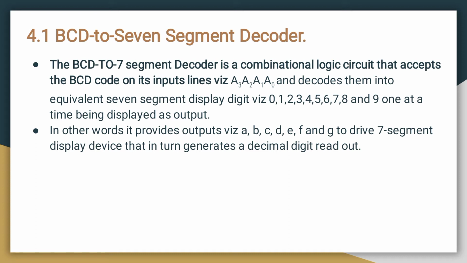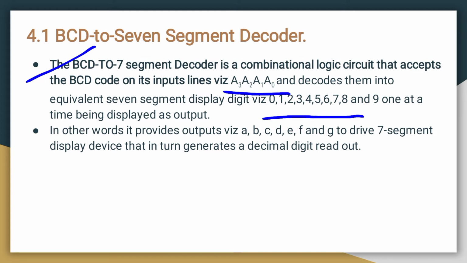The BCD to 7 segment decoder is again a combinational logic circuit that accepts the BCD code on its input lines A3, A2, A1, A0 and decodes them into the equivalent 7 segment display digit, 0, 1, 2, 3, 4, 5, 6, 7, 8 and 9.